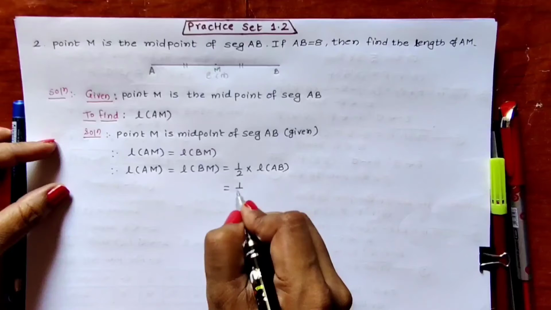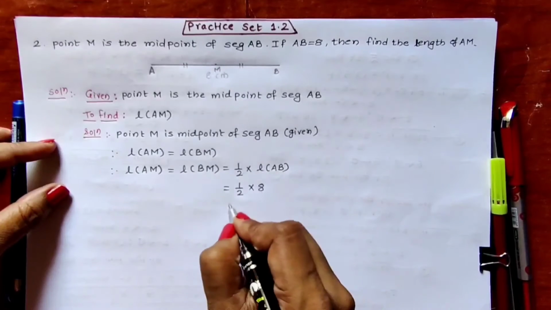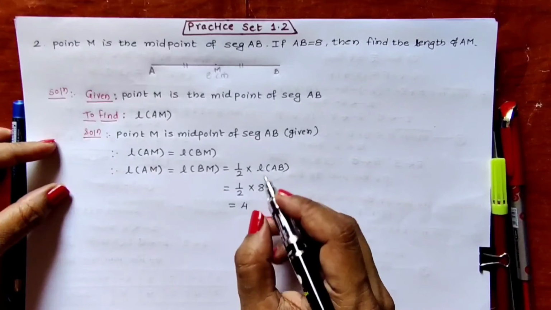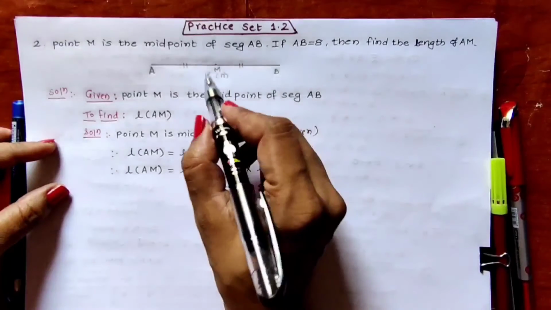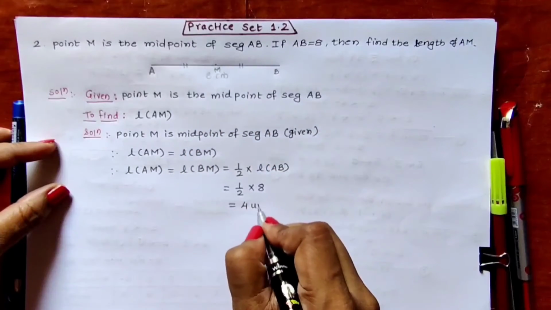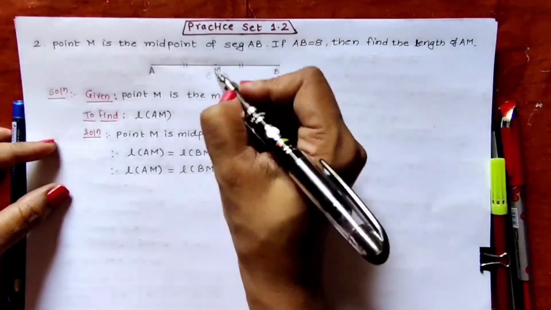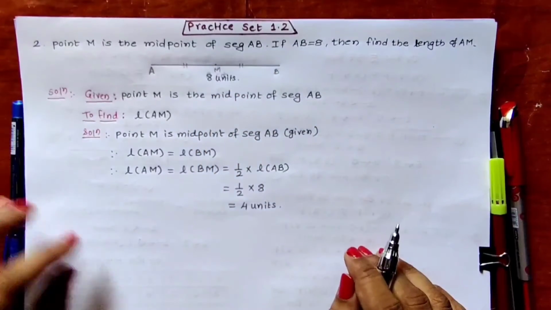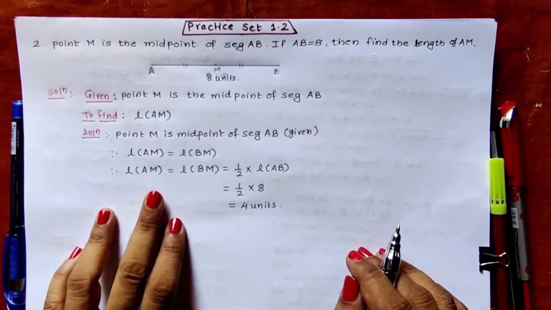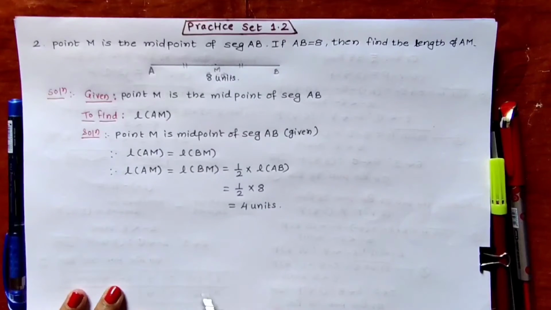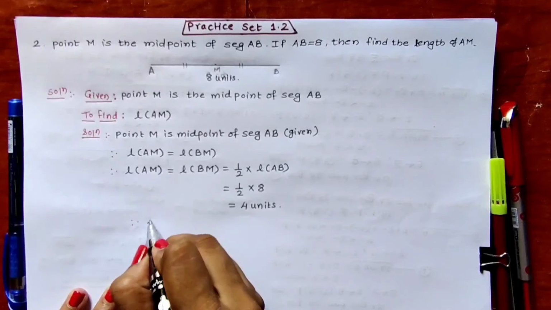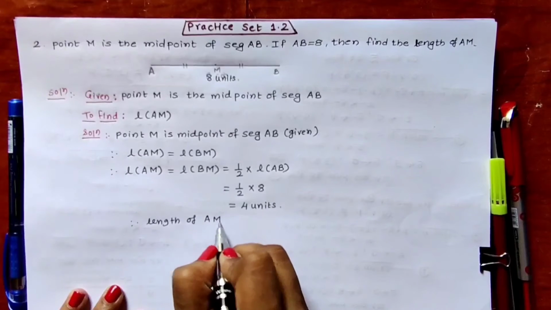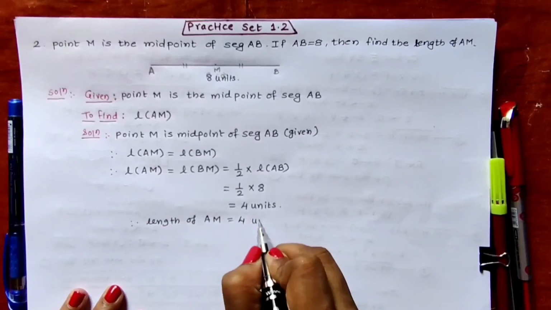And half of AB, AB is 8, it will be 4 units. As 8 centimeter is not given, we write it as units. So in this way we can find out length of segment AM. Therefore length of AM is equal to 4 units.